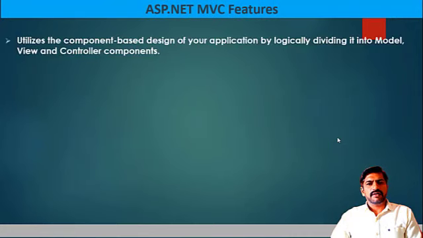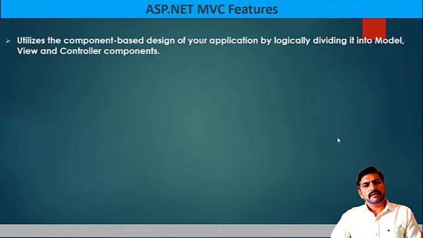Let's see the features of the MVC architecture. So MVC features utilize the component based design. It is a component based design logically divided into three components, that is model, view and controller components.